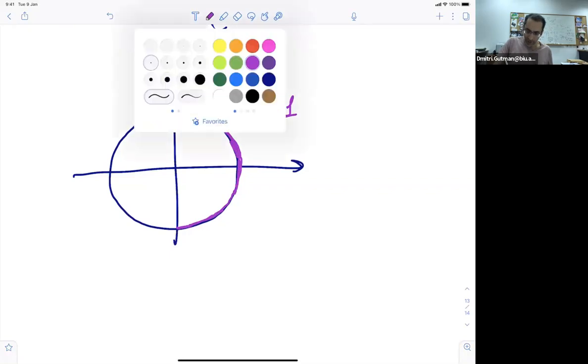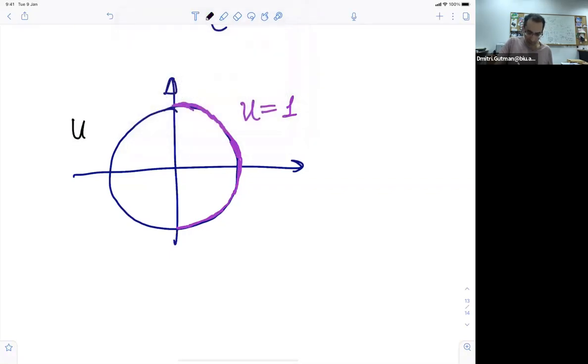And on the black line, it has a support 0. So these are my boundary conditions, and I want to find the function inside the unit circle. Okay, so how do we solve this problem?